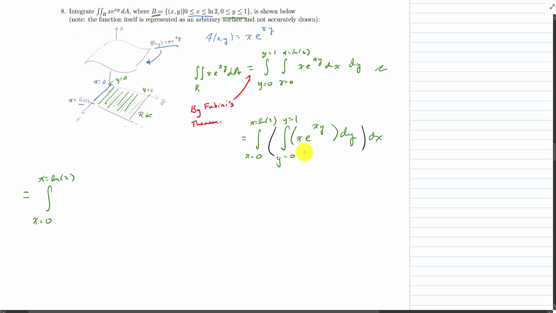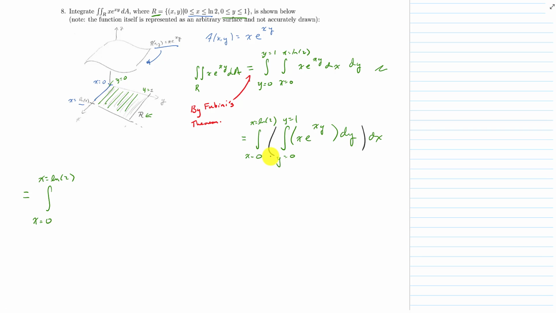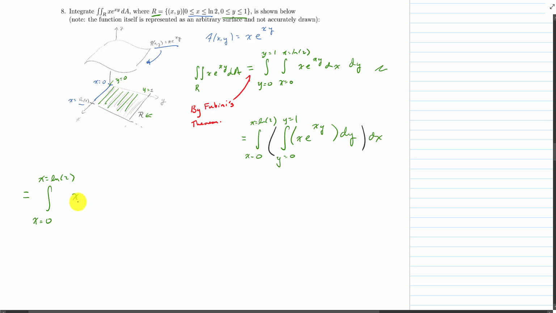I'm going to fix that x as a constant. So really this is just a constant times e to a constant times y. And so when we integrate, we have x e to the xy, and then by the chain rule we'd have to divide by a factor of x.